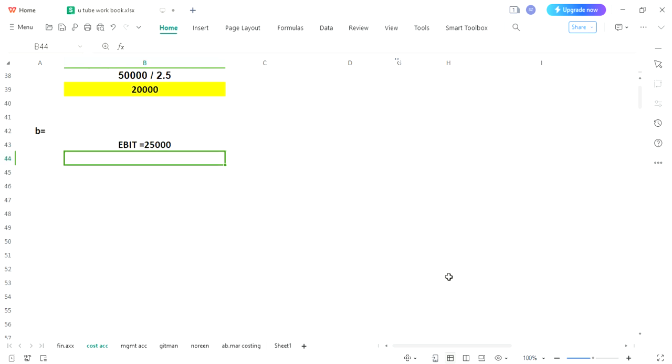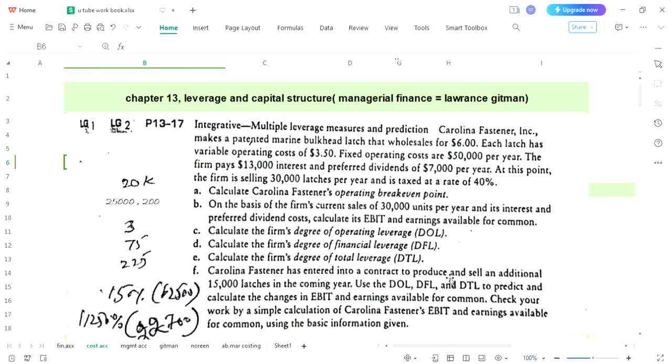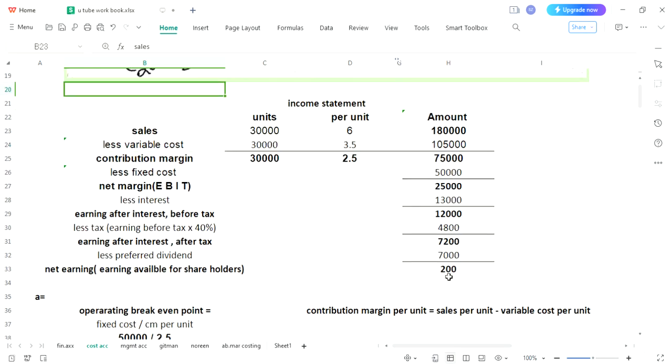This is also called net earning or earning available for shareholders, and that is 200. So please understand why we call it earning available for common shareholders. For this you have to understand this statement.